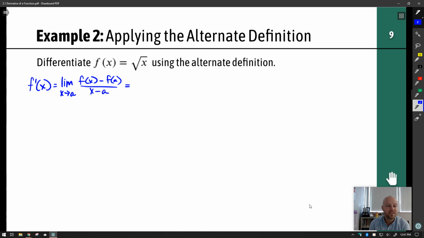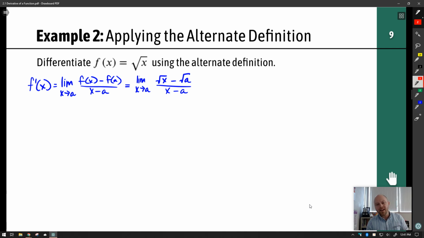So let's use this function now and make this a little bit more real. So the limit as x goes to a, f of x is square root of x minus f of a is the square root of a all over x minus a.